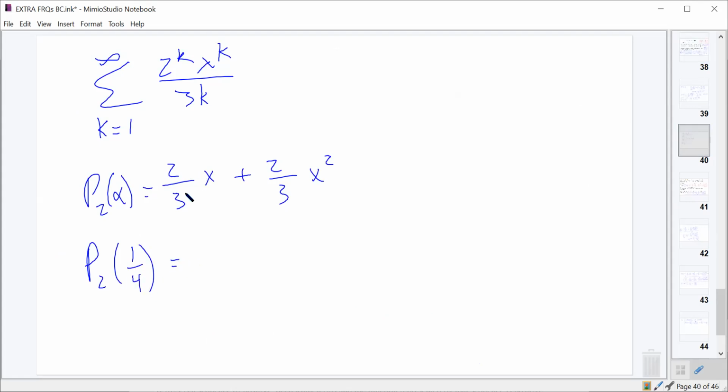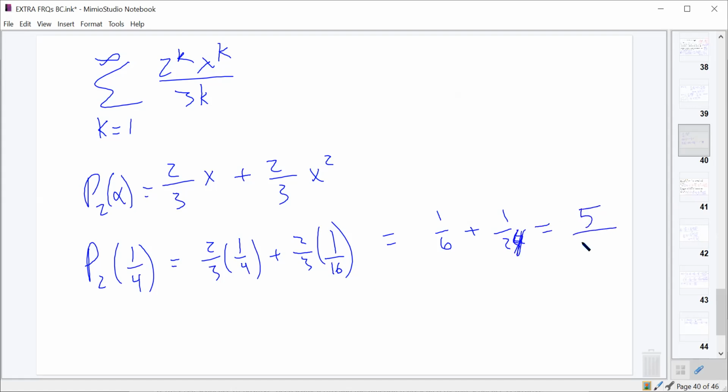So we've got 2/3 times 1/4, and we've got 2/3 times 1/16. And then we'll just simplify that down to whatever that comes out to be. That's 1/6. What is that? Plus a 24th. Well, I wrote a 25th, but a 24th, which gives us 5/24. Good or no? Easy enough for that one.